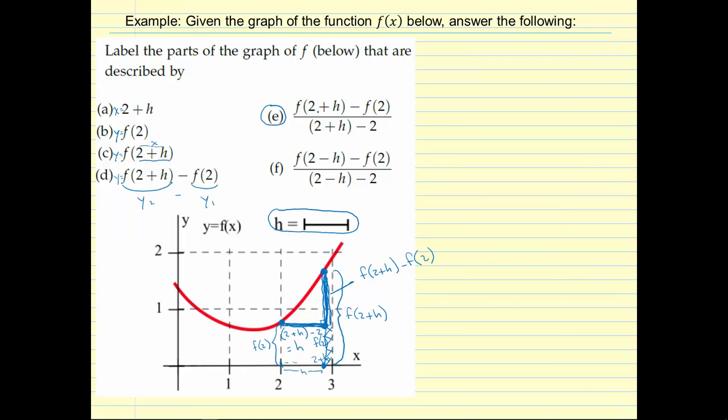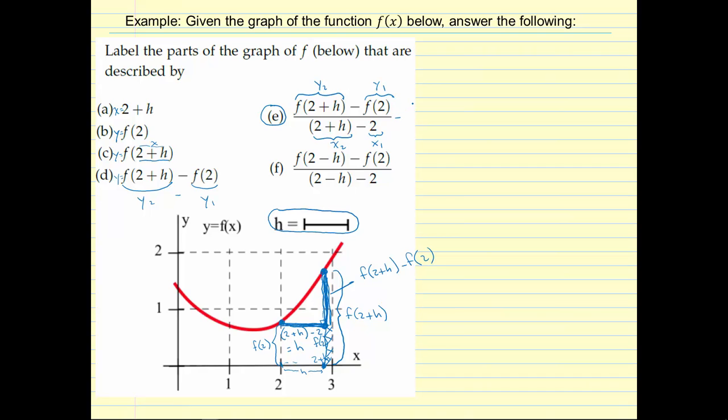It looks like a really complicated expression. It's called a difference quotient, but it helps if we remember that the f expressions are a y value, so we'll call that y2, and this is also a y, but we'll call that y1 since it's a different y value, and then this is an x because there's no f in front of it, call that x2, and this is also an x, and that's x1.